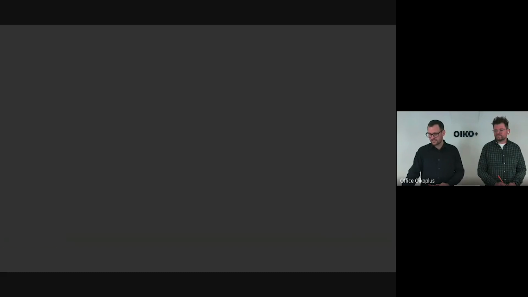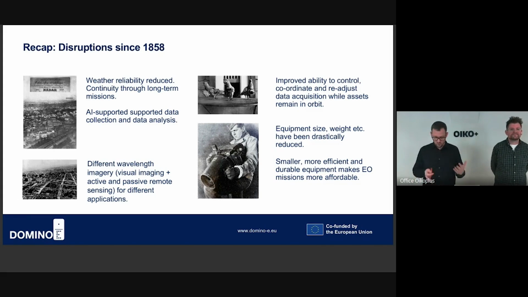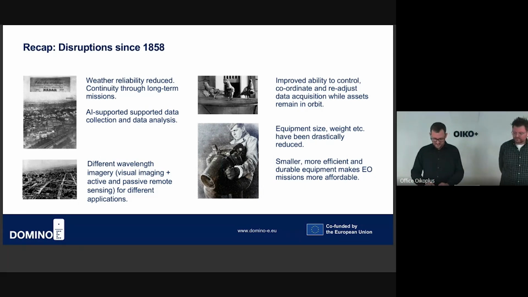And then there's finally the photograph of the soldier handling his Fairchild camera. Modern Earth observation hardware has become, of course, much smaller, lighter, more efficient, more durable, and what once was basically filling up an airplane is now fitting into a small box together with a lot of other items.